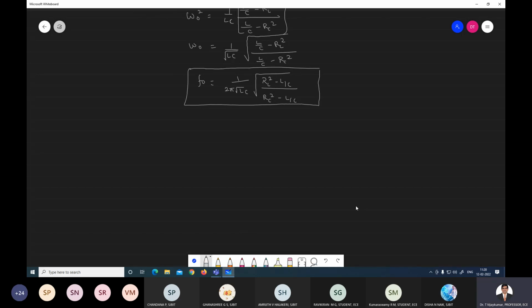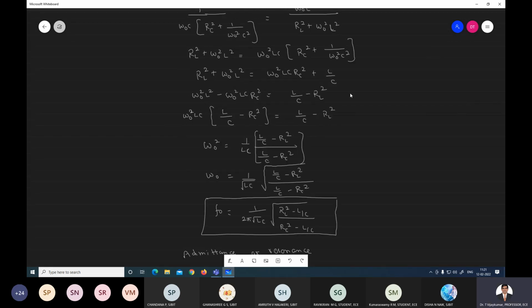So then, admittance at resonance. Admittance at resonance is given by Y naught is equal to this term, the real term. What is the real term here?